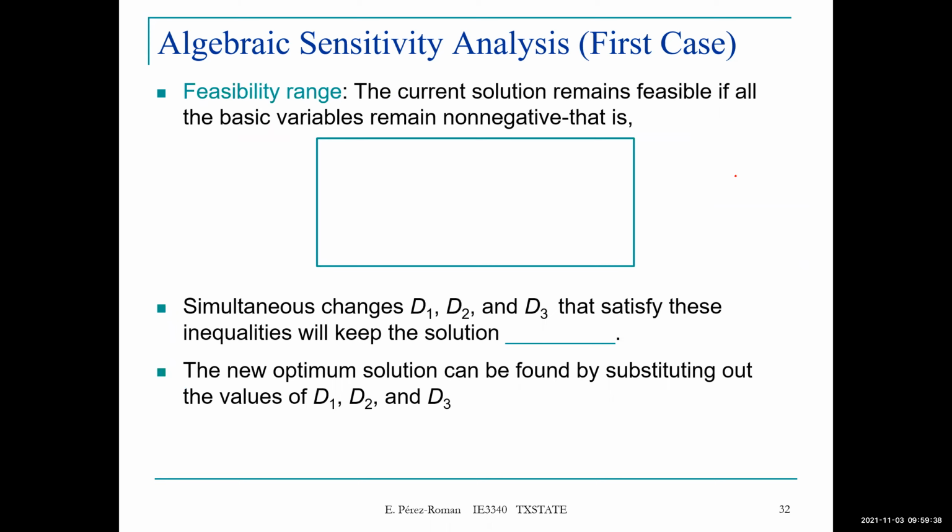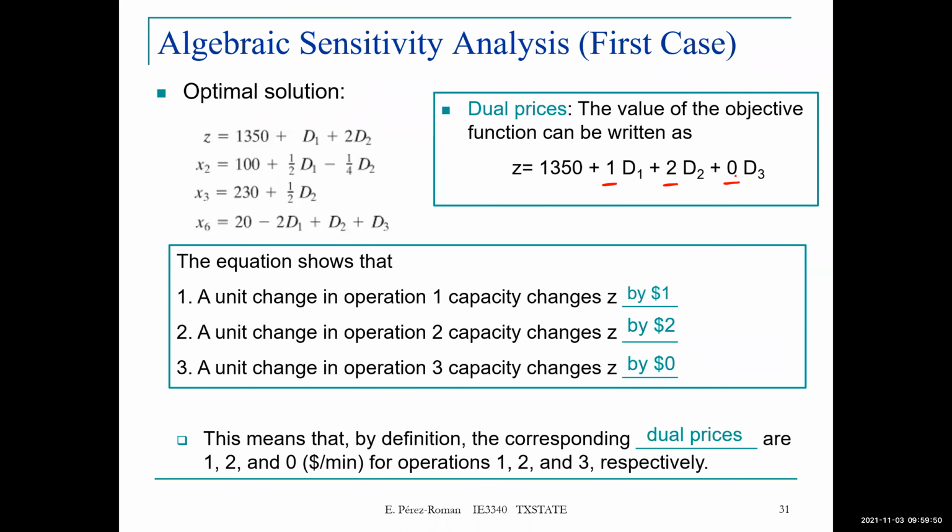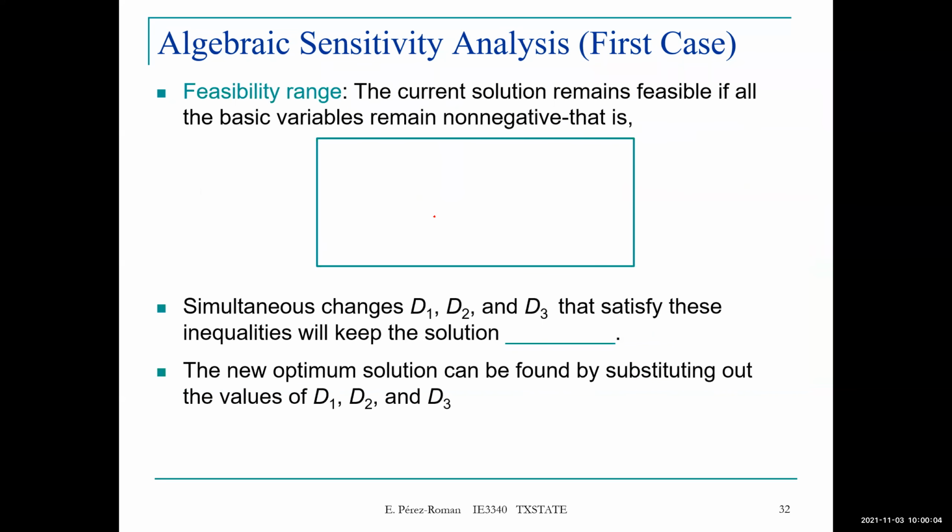However, we also have to look at the feasibility range. So the current solution remains feasible if all the basic variables remain non-negative. That's it. We go back to these equations. I need to make sure that all of x2, x3, and x6 remain greater or equal to 0, to make sure that my problem is still feasible.